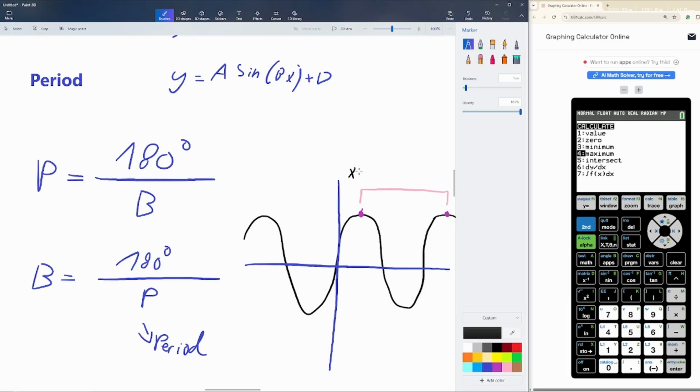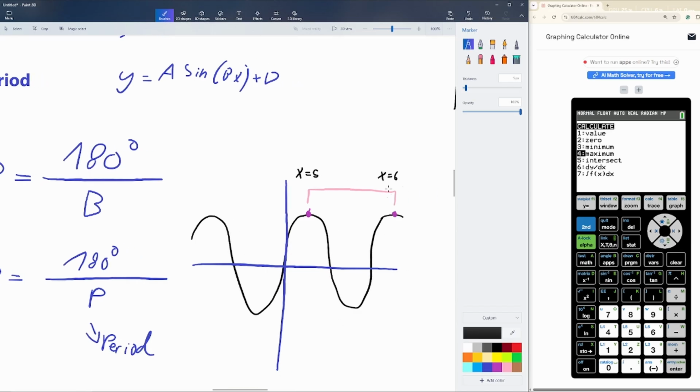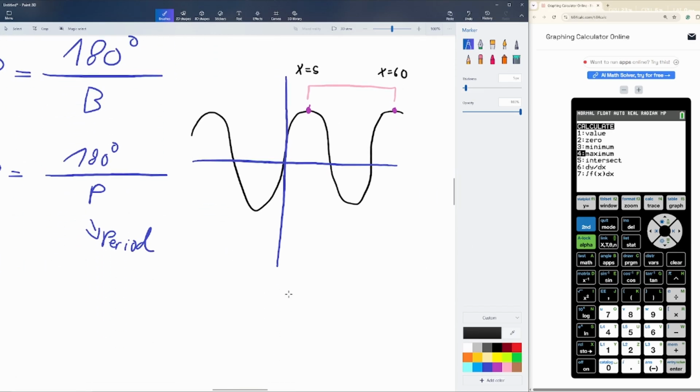Let's say the first x value is 5 and the second x value is 60. To find the period you subtract: x2 minus x1, which in this case is 60 minus 5, equal to 55.